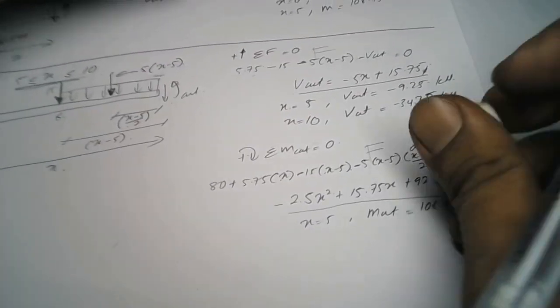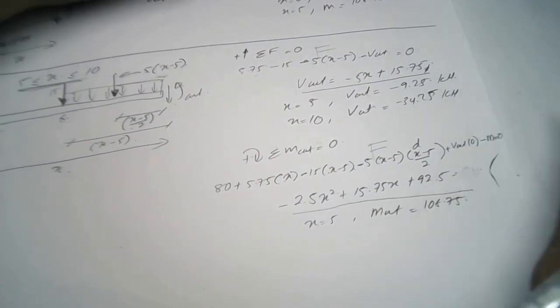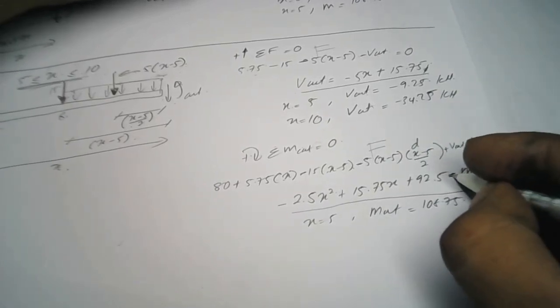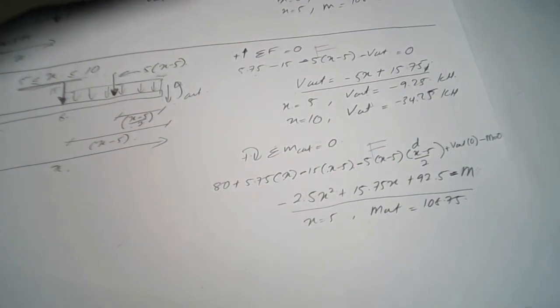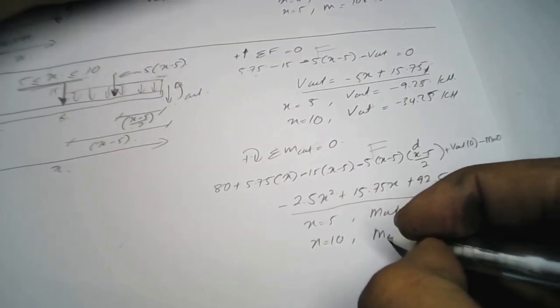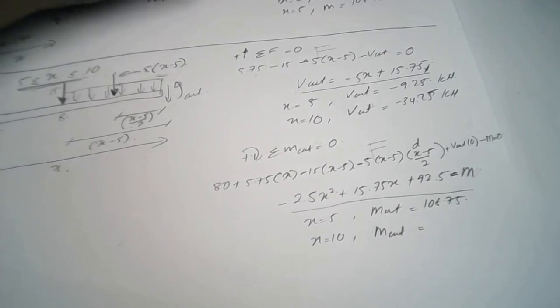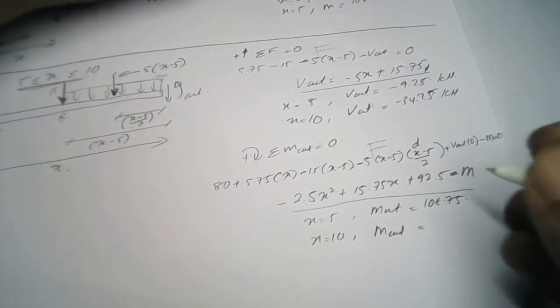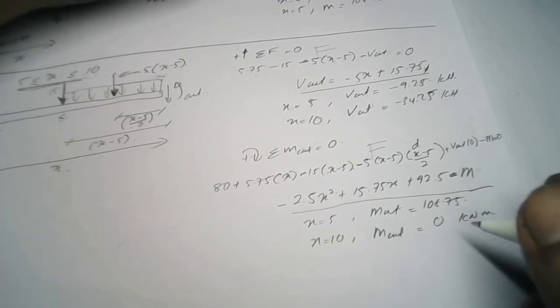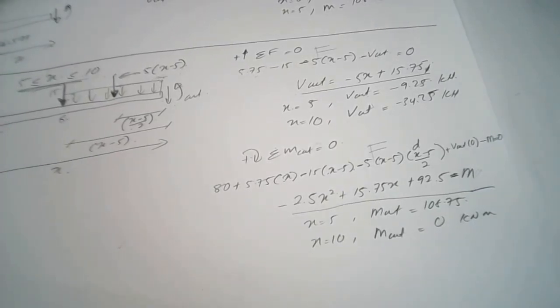Sorry, this one is supposed to be m. If the x value is 10, the m cut will become 0 kilonewton meter. Okay, done for the second segment.